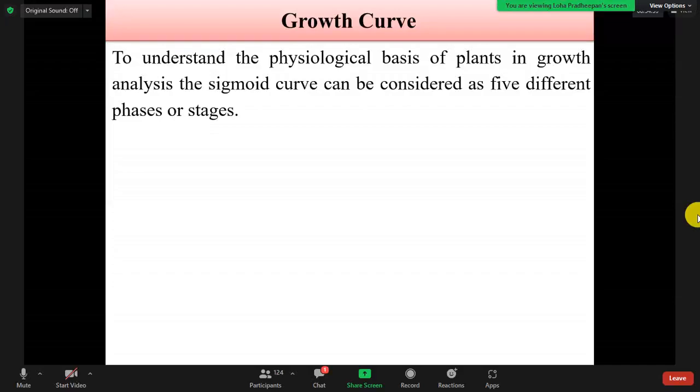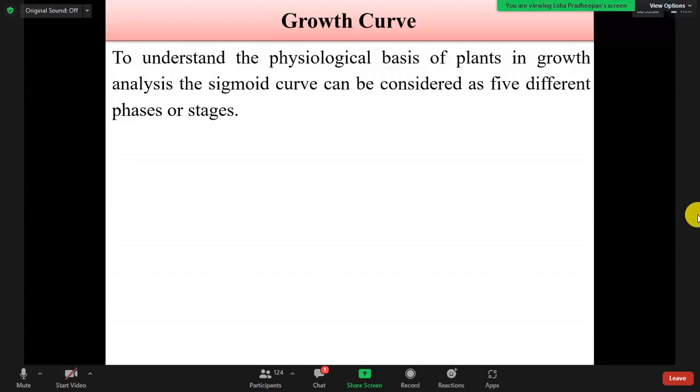Growth can happen in 2 types: primary growth and secondary growth. While growth is happening, 3 stages we are able to see in the plant: cell division phase, cell enlargement, and maturation phase. Then growth rate is how much increase we are able to obtain in a particular time period.